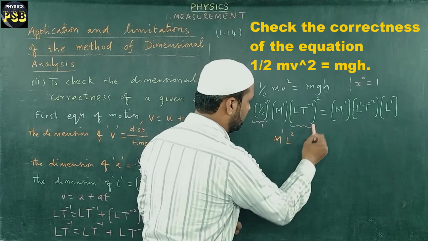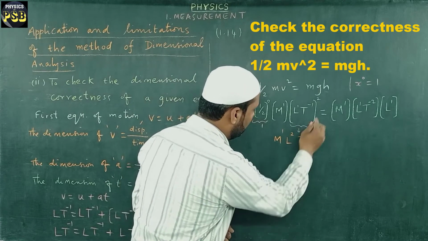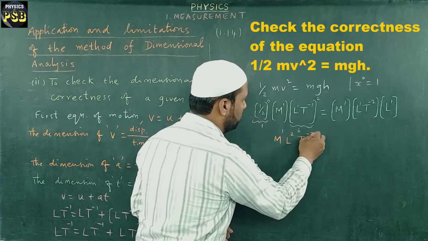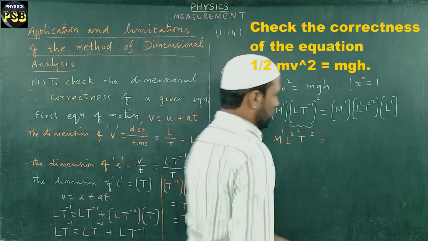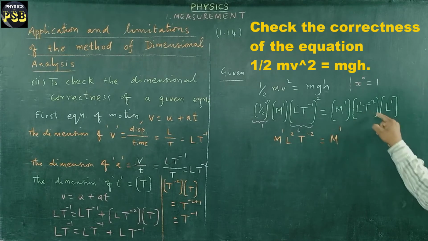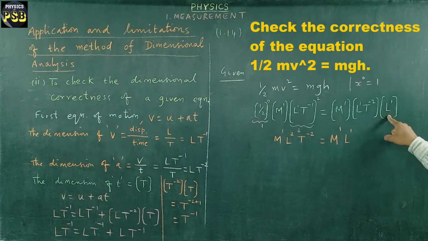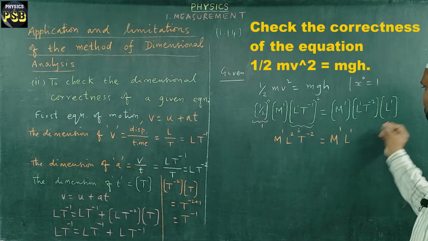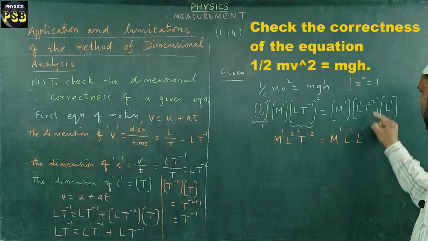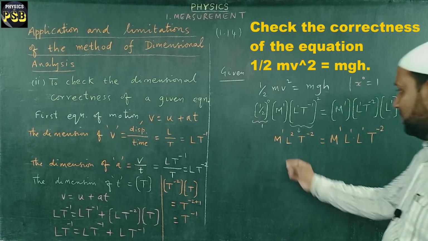When I expand this particular part, I obtained L power 2, then T power, this minus 1 is multiplied with 2, so T power minus 2. I am going to expand this part. M power 1, then L power 1. Already we have this, so I am going to write it here. L power 1, then T power minus 2.